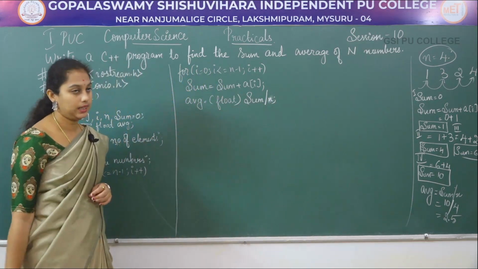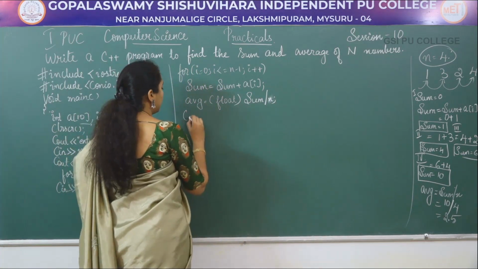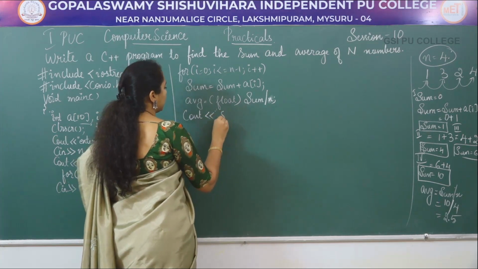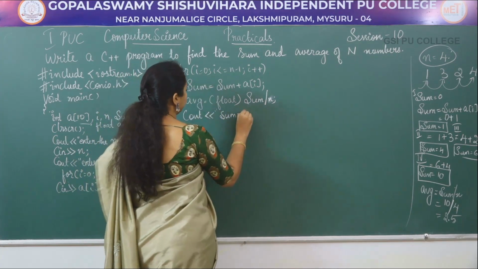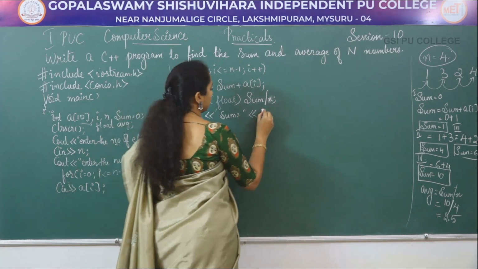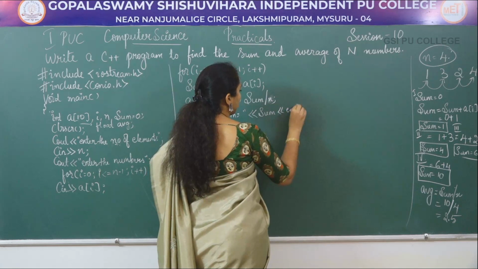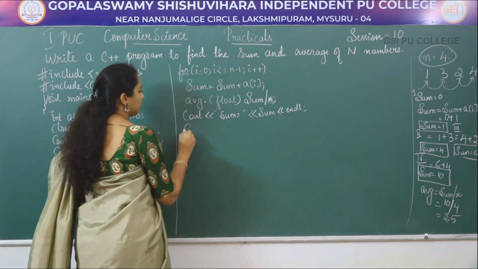Divided by n. Now print the sum and average of n numbers. Sum, endl represents the end of the line.